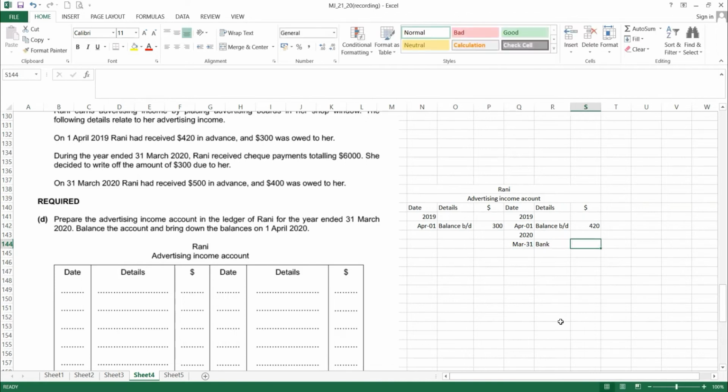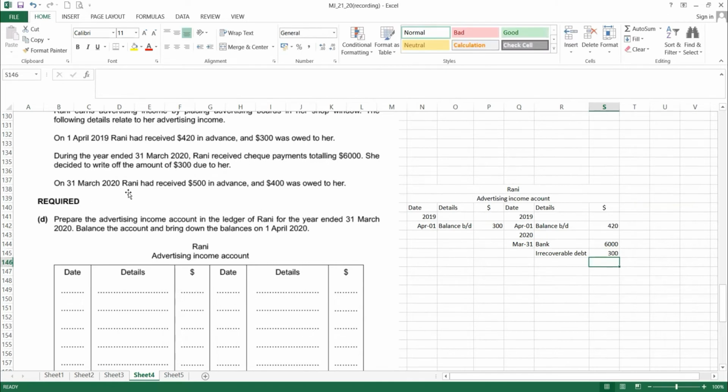You must write bank because it's a cheque, 6,000. At the same time, she decided to write off this 300. Since that one is a debit, when you write off it must be in the credit. So this one you call irrecoverable debt, 300.